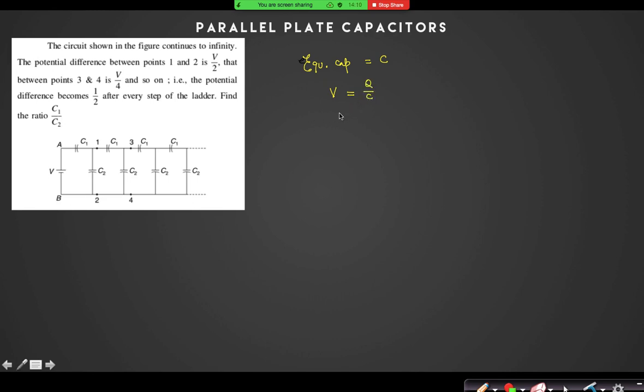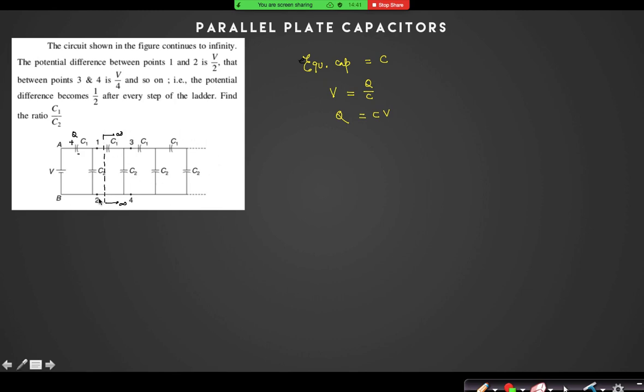Or the charge Q that has flown through the battery is equal to CV. So I can find the charge here, that on C1 this will be plus Q, this will be minus Q, right? Similarly, can I say that the equivalent capacitance after this network is also C, yes or no?